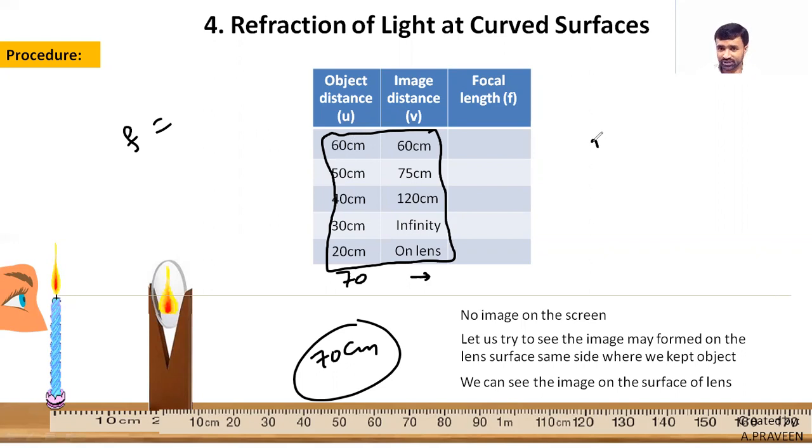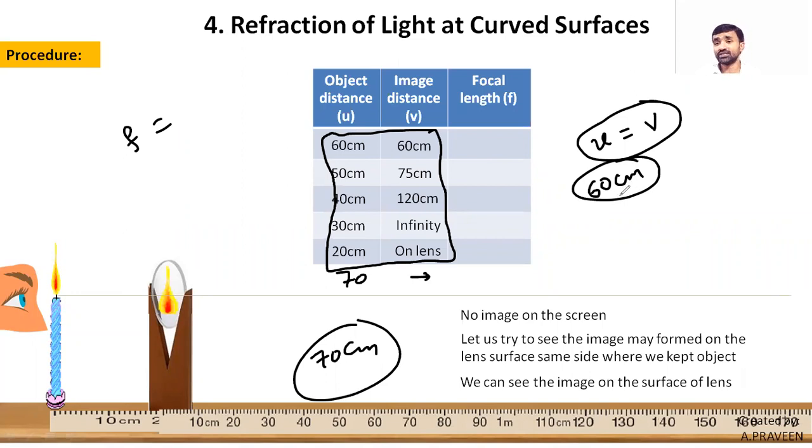Did you see object distance equal to image distance in the table in any situation? Yes, sir. Where? At 60 centimeters, right? In your ray diagrams, in any position, is the object distance the same as the image distance?